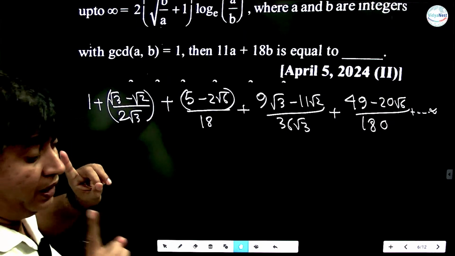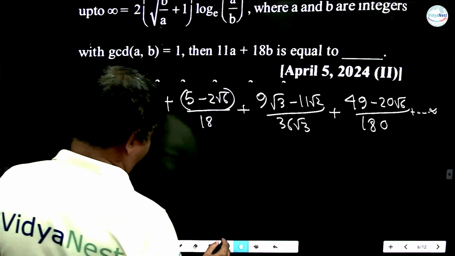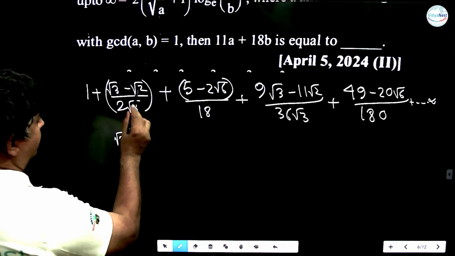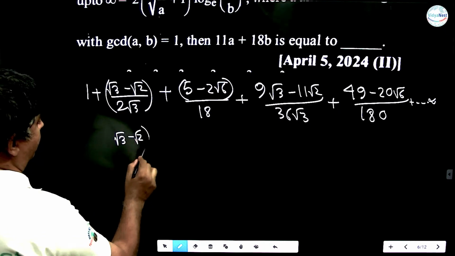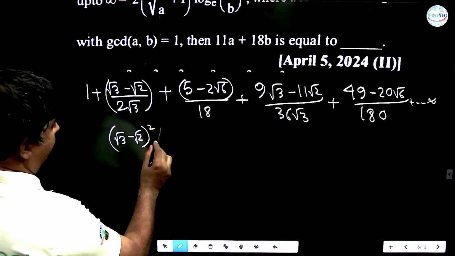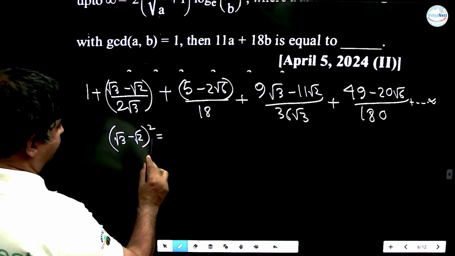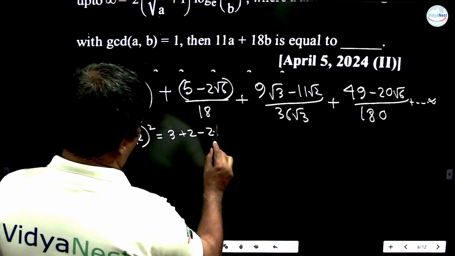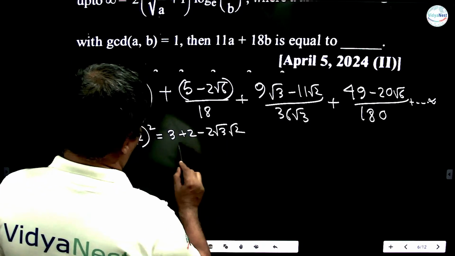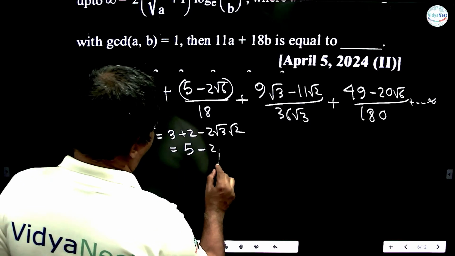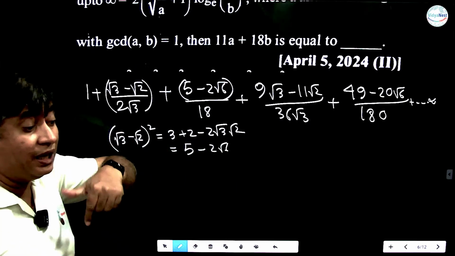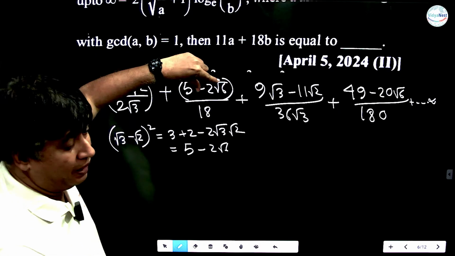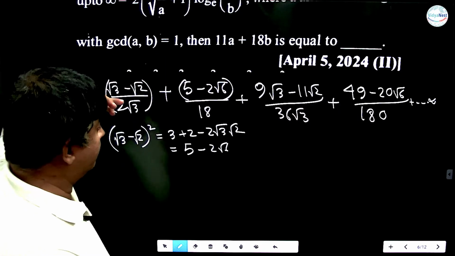But there is one clue. Just observe carefully. Root 3 minus 2 is the numerator of the second term. So if I find its square, it will give you 3 plus 2 minus 2 root 3 root 2, that is 5 minus 2 root 6. So we are getting one value. If this is a, this is a square. Yes or no? Yes, sir.